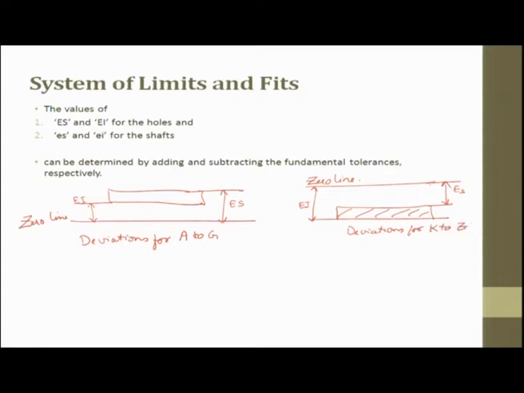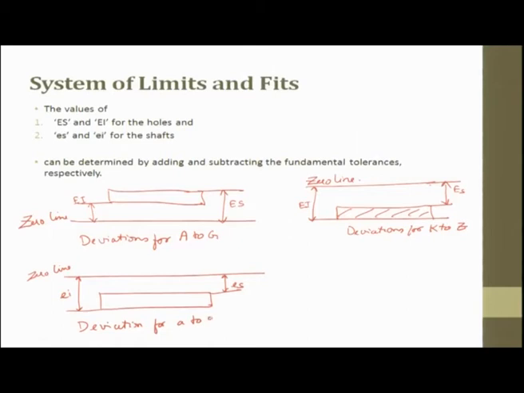Next, if you want to have the other one, this is your 0 line, this is your ES and this is your EI, and this is for deviation for A to G. This is for a shaft based system.